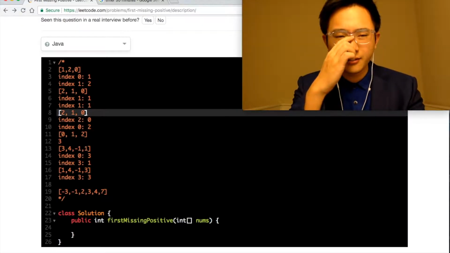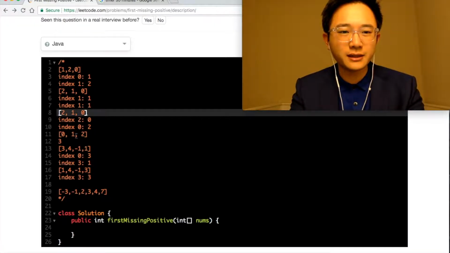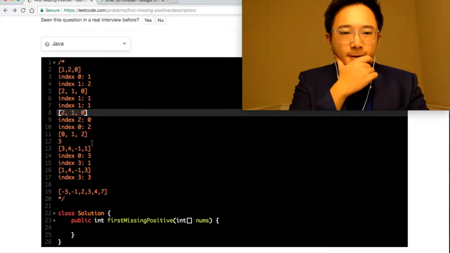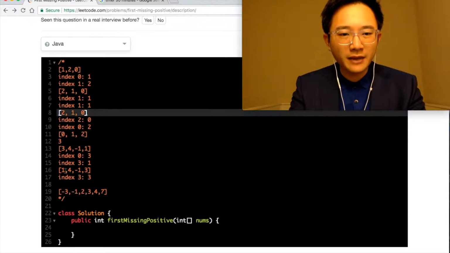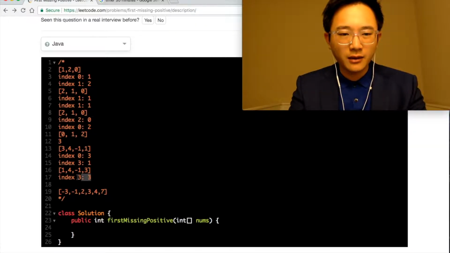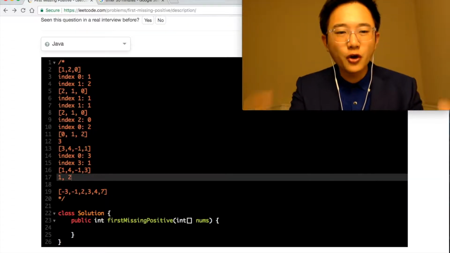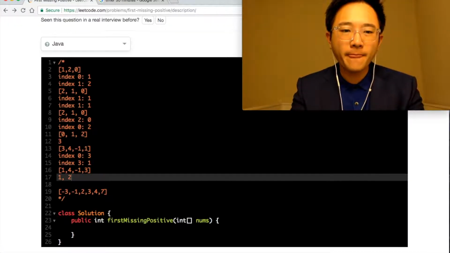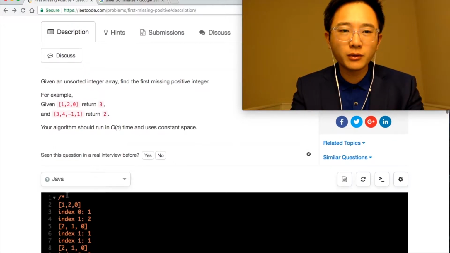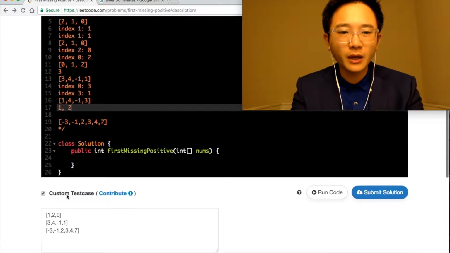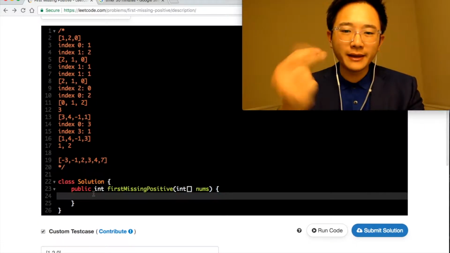Right at the end. So first missing. This is nothing is missing. So we're gonna add this. Okay. Now we have 1, 4, negative 1 and 3. So if we start from here, 1 is good, and then we need 2. 2 is missing. So we return 2. Okay. All right. So I think that makes sense.